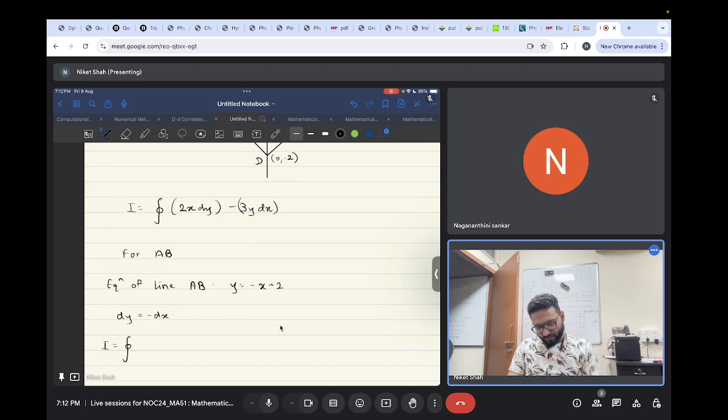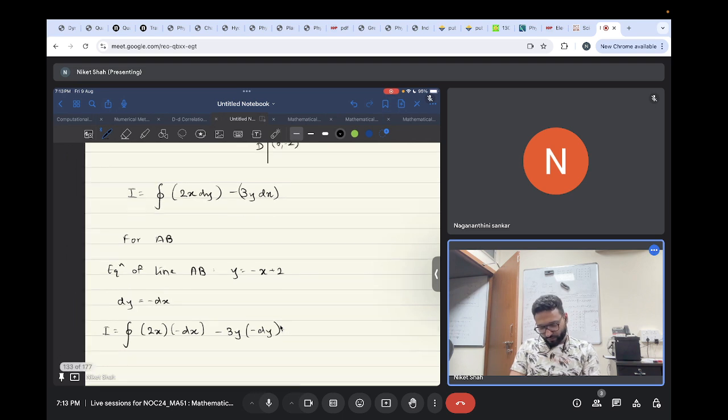The integral of 2x dy, which is minus dx, minus 3y dx, and dx will be minus dy. Sorry, we are just doing from A to B, along AB. This is the integral.